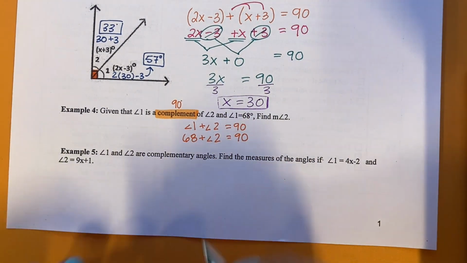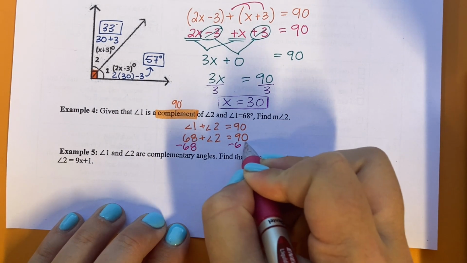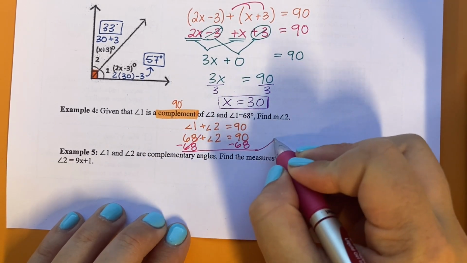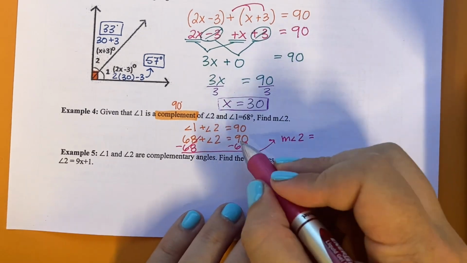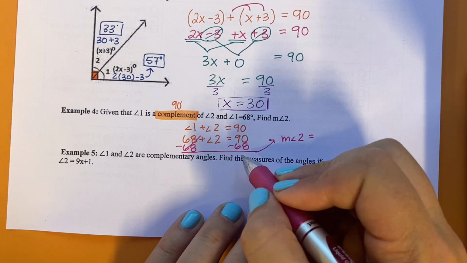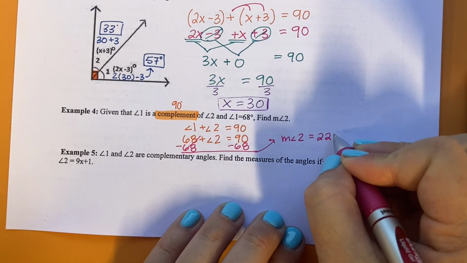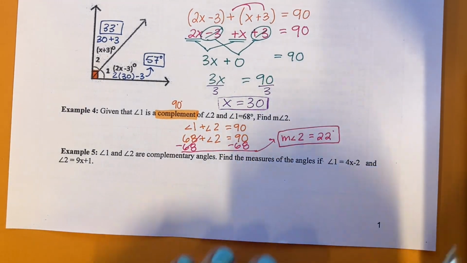I'm going to subtract the 68, which tells me the measurement of angle 2 is going to be 90 minus this 68, which gives us 22 degrees.